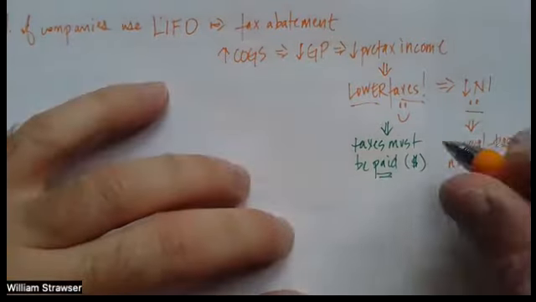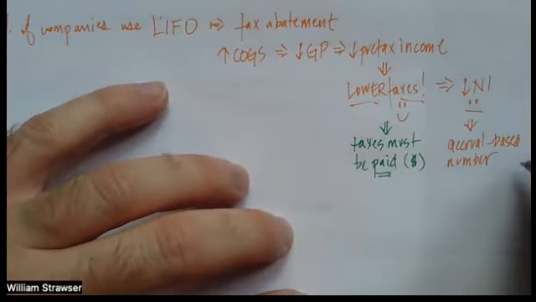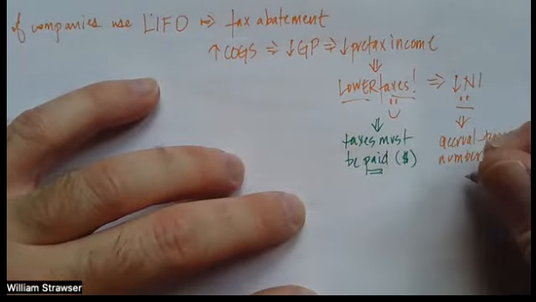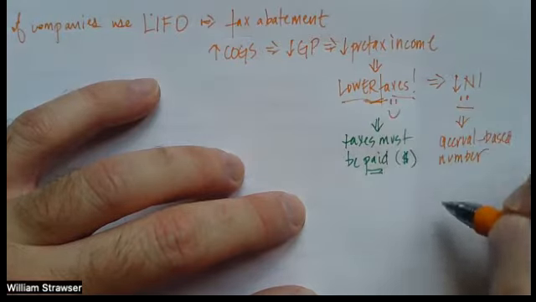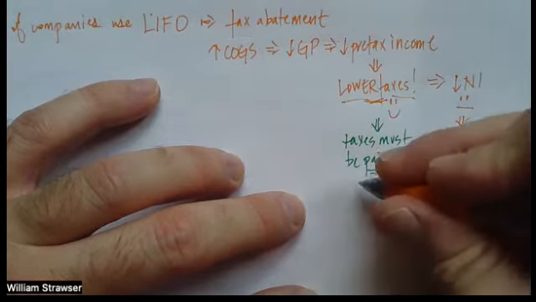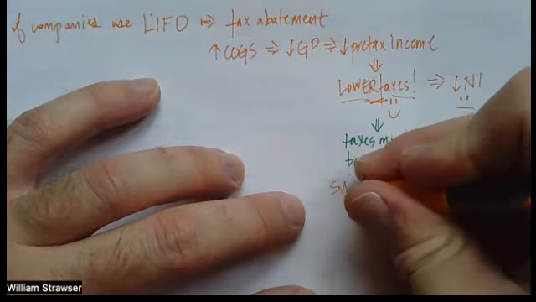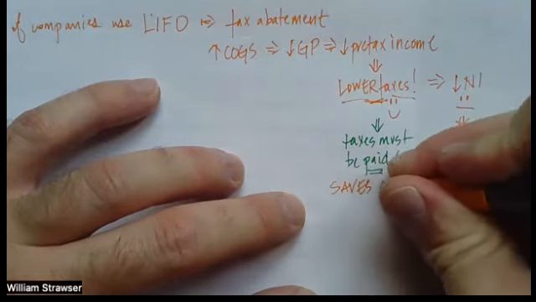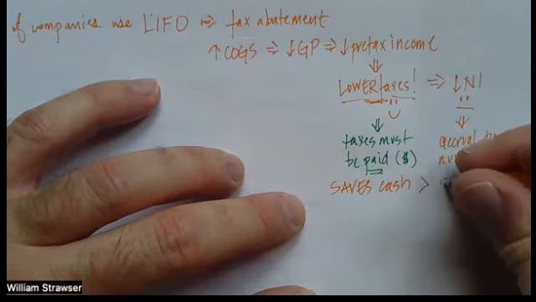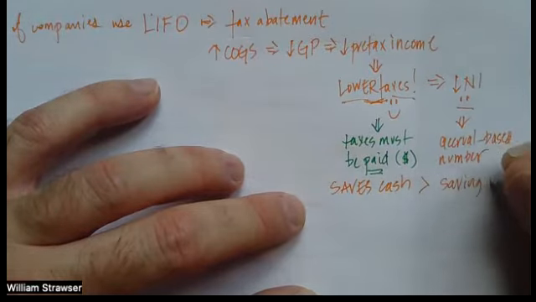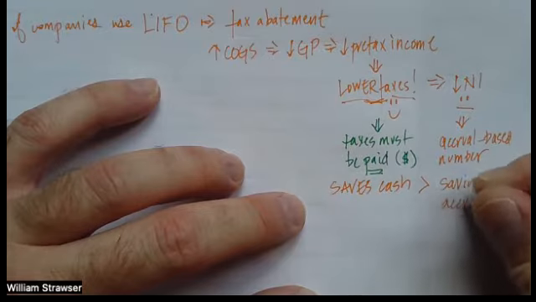So because it's an accrual-based number, not as much incentive if I'm going to get lower taxation, because the lower taxation will save me money, saves cash, which is greater than saving on accrued expenses.